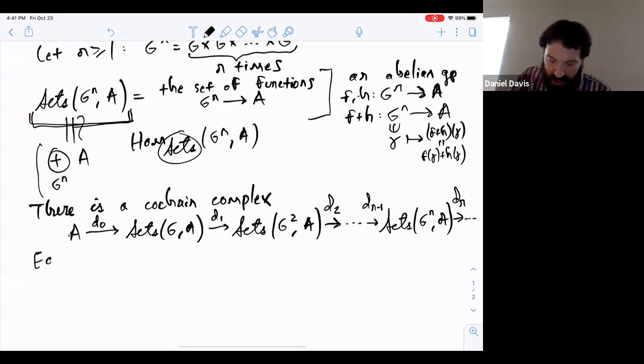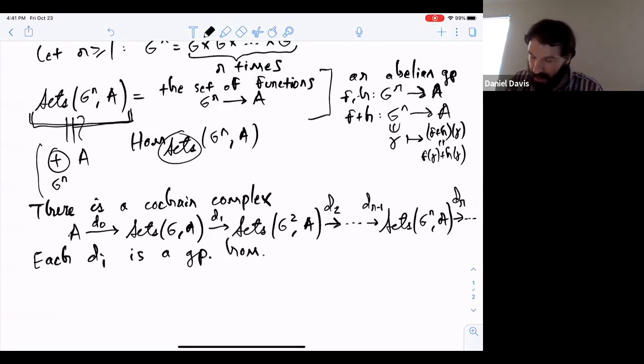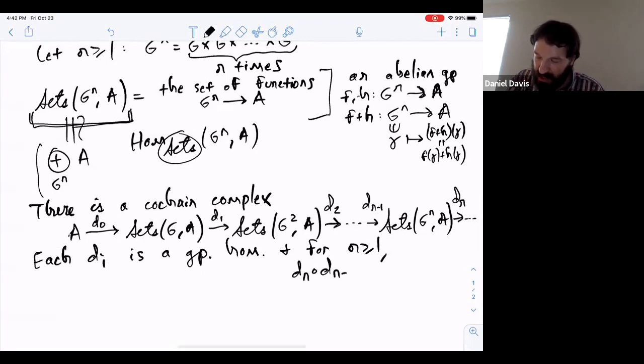So each d sub i is a group homomorphism. Okay, and what makes it a cochain complex is the fact that for n greater than or equal to 1, every composition d_n composed with d sub n minus 1 is just a zero homomorphism.